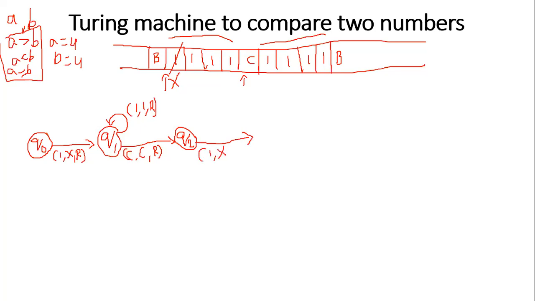Then do you move to the left side or right side? Here the objective is, you first replace 1 with x and keep moving to the right side to find the matching one. Once you find the matching one, replace 1 with x and keep moving to the left side.